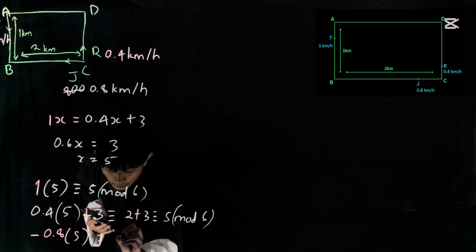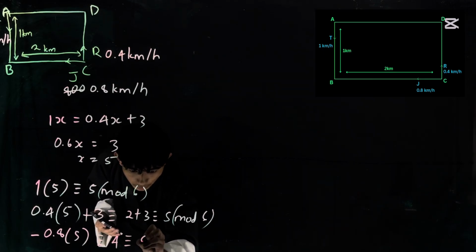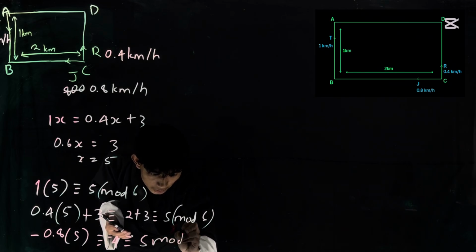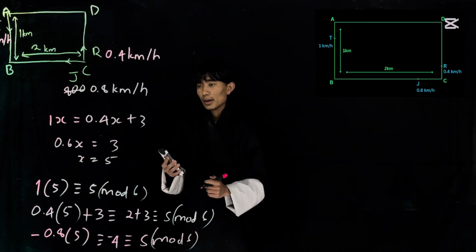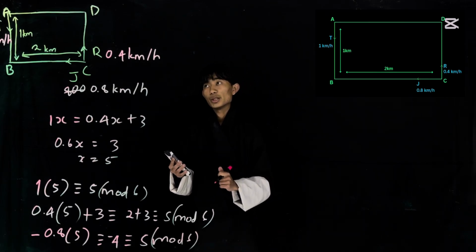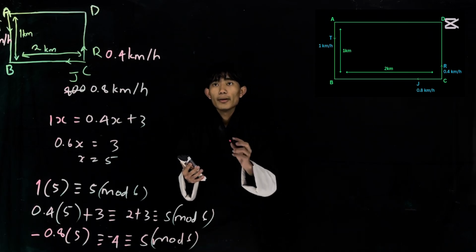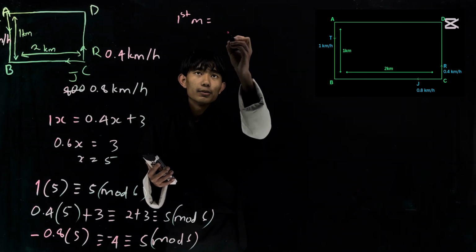This is equivalent to negative 4, which is congruent to 5 mod 6. So we can see that after the 5th hour mark, all of them meet at the same position, that is position 5 mod 6 with respect to A. So we can conclude that their first meeting takes place after 5 hours.